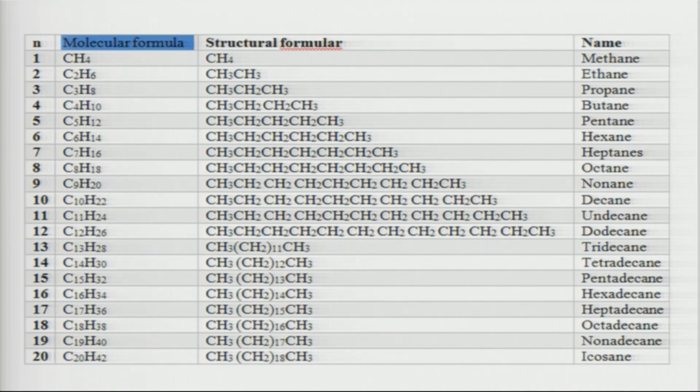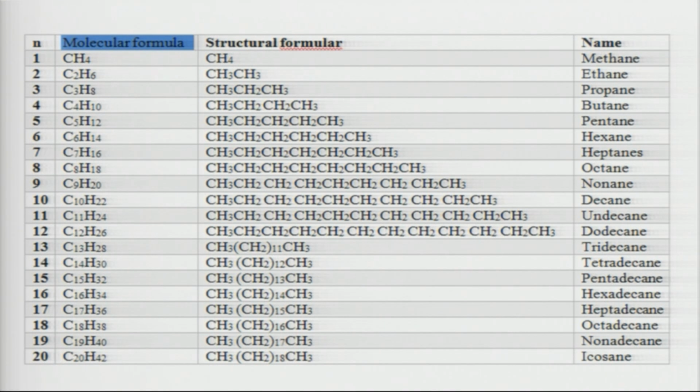And number 19, nonadecane. And then we have number 20, icosane. So these are the names of our straight chain alkanes.